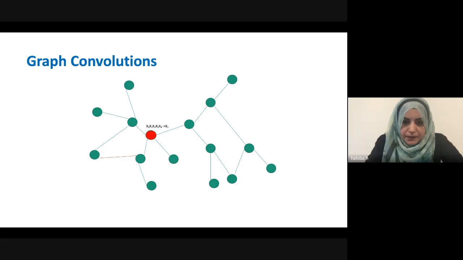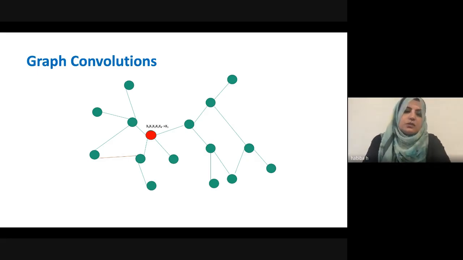In standard machine learning, we have certain features: x0 to x4 are the features, the characteristics of this node, and we want to predict x5, which is our dependent variable. We train a model that uses these individual features of that node to predict the unknown variable, based on the set of features of that single node.